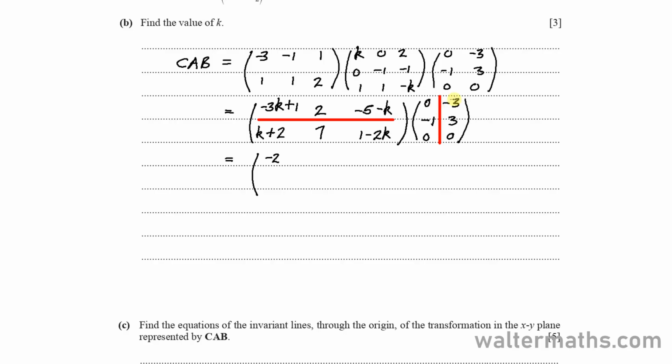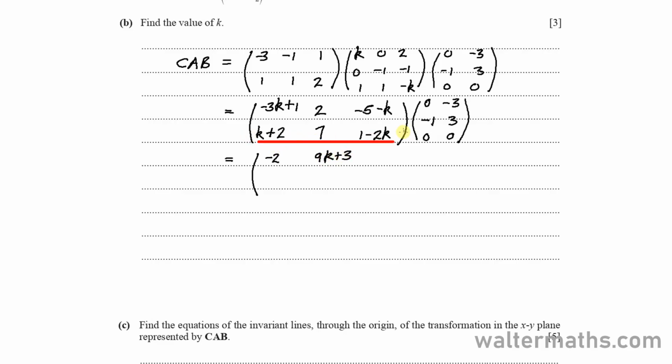Then this row times this column, that's minus 3k plus 1 times minus 3, which gives us 9k minus 3. And it's plus 2 times 3, which is 6. And it's plus minus 5 minus k times 0, which is 0. So 9k minus 3 plus 6 is 9k plus 3.